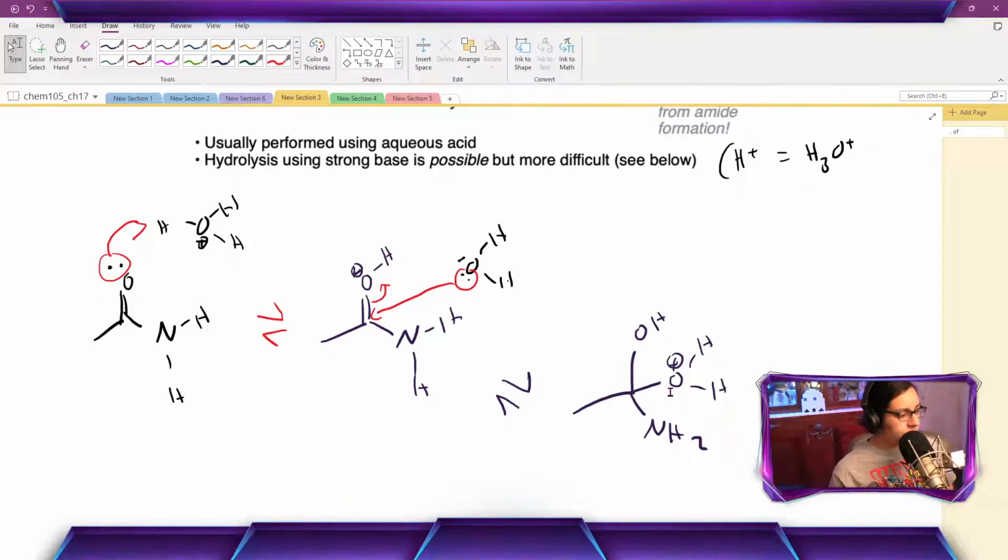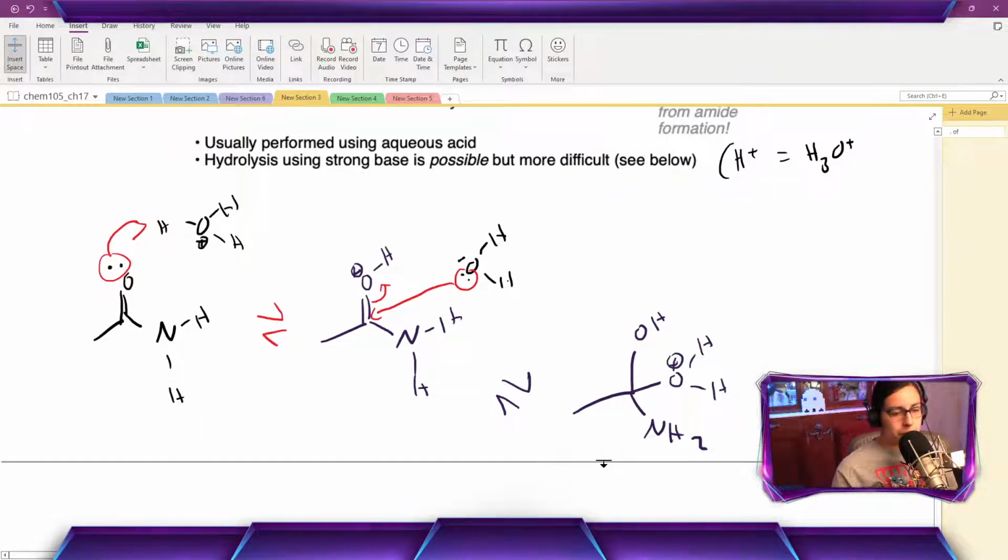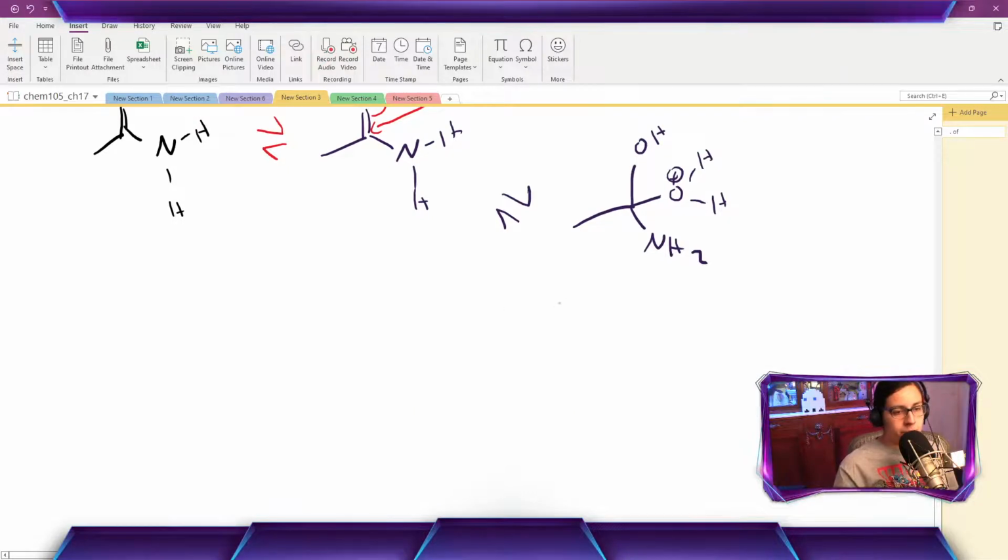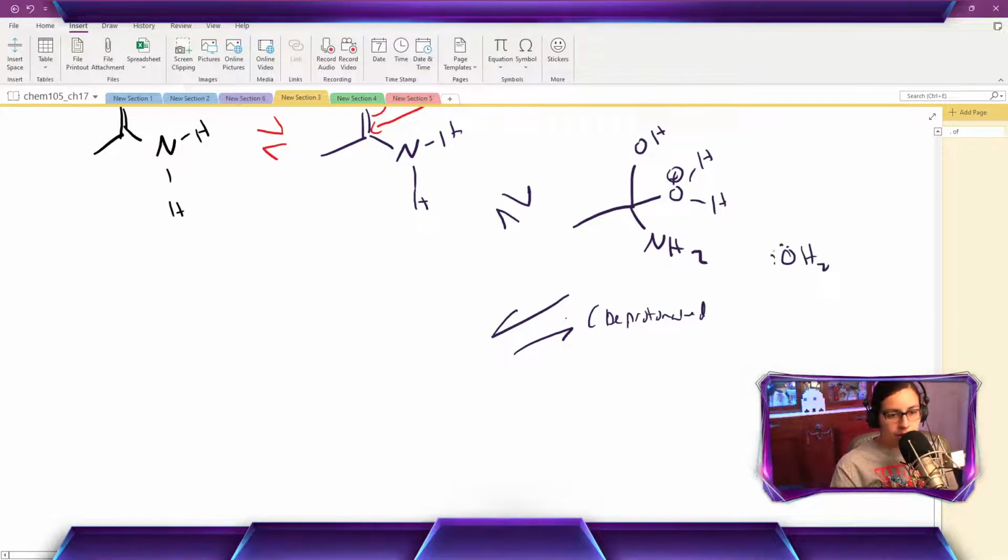And so now the next step is we're going to deprotonate this. So we'll say water comes along and plucks this off.